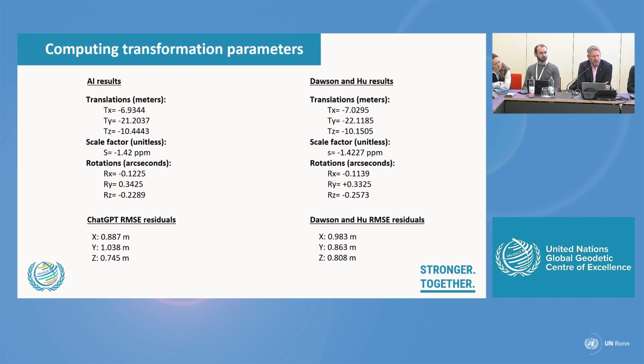If we start by looking at the results on the right-hand side, these were the results produced through CatRef by John and Gurung, highly qualified geodesists trained in CatRef, and they've come up with translation, scale factor, and rotations. And there's the residuals. If they do that verification step, you can see the residuals are 0.98, 0.86, and 0.8.